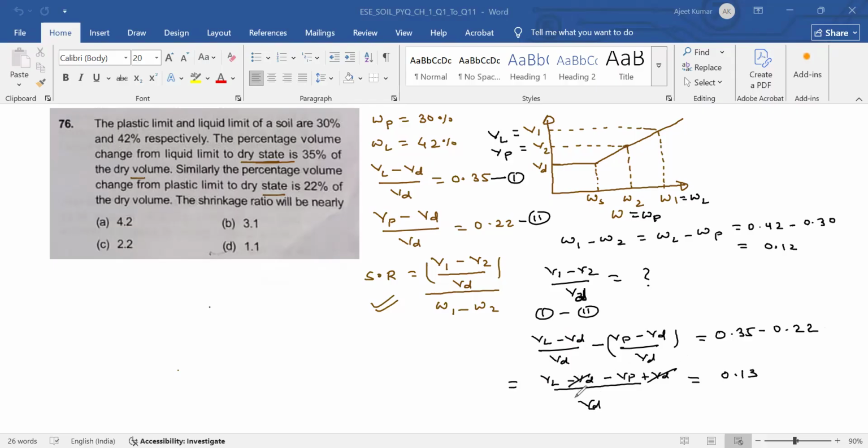Vd and Vd cancel out, and what we have is VL minus VP divided by Vd equal to 0.13.